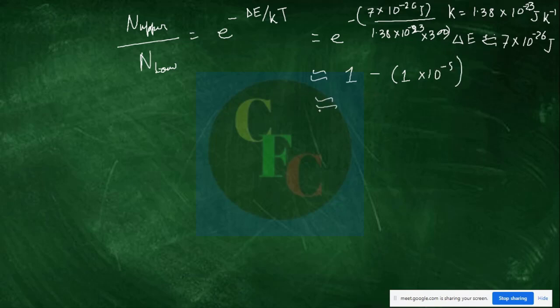So this can very nearly be treated as 1. As we have already discussed, for any spectroscopy to occur, there has to be a lower population in the upper state, otherwise what will they absorb? The probability of transition from the lower level to the upper level is the same as the probability from the upper level to the lower level.